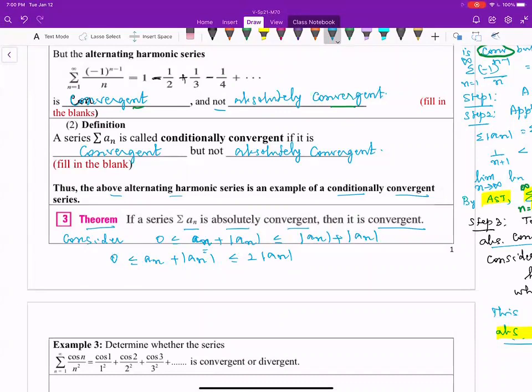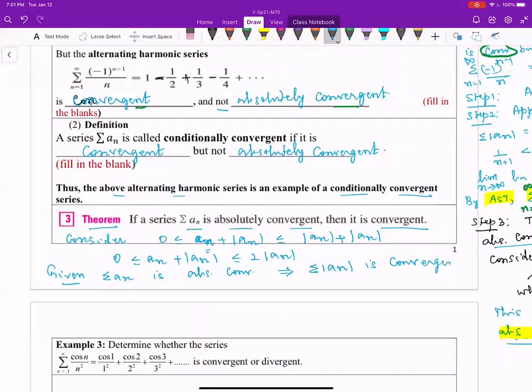Sigma a_n is given to be absolutely convergent. What does it mean? Sigma absolute a_n is convergent.